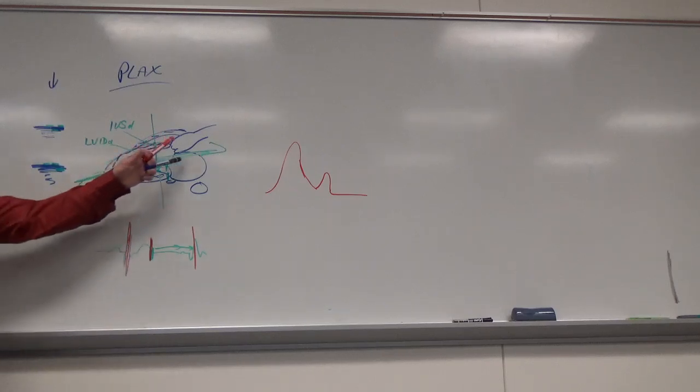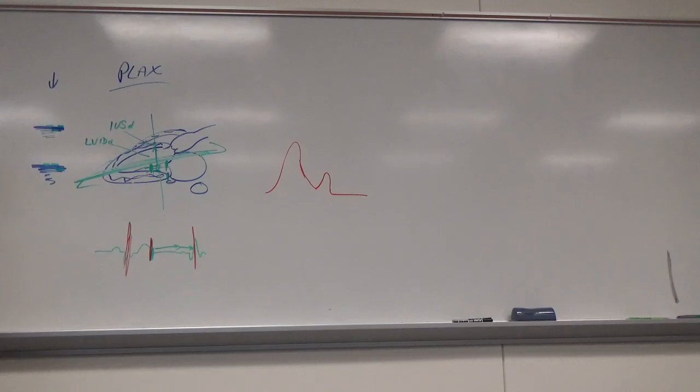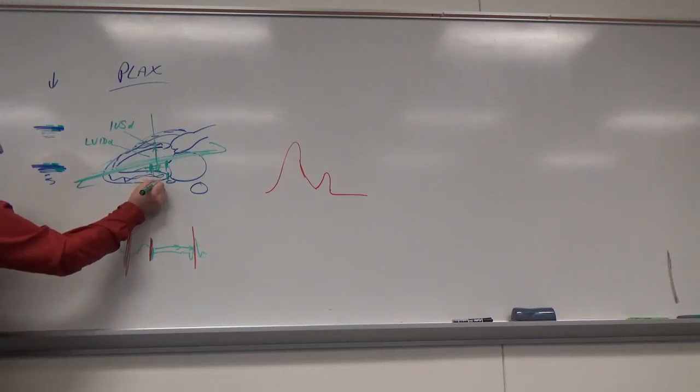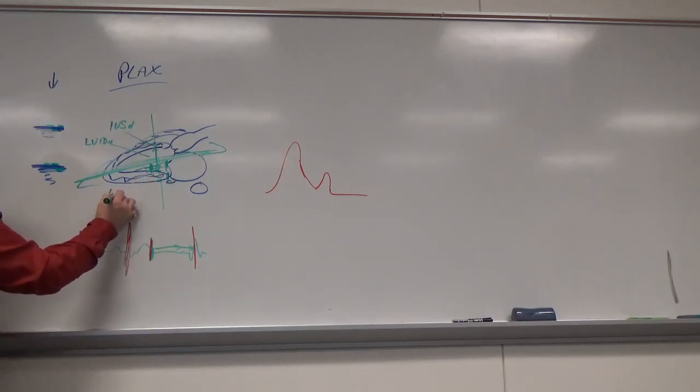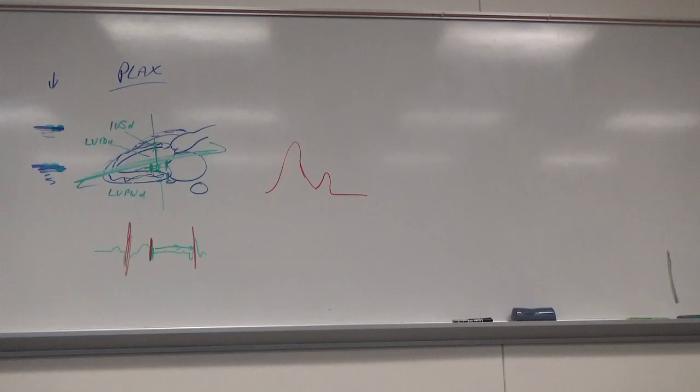It's going to be more important when we get to the aorta and the LA, the leading edge to leading edge concept. But technically this is what we're doing. What's LVID again? LVID is left ventricular internal diameter, and small d is diastole. Okay, then we measure the posterior wall. So this is LVPW, left ventricular posterior wall, small d diastole.